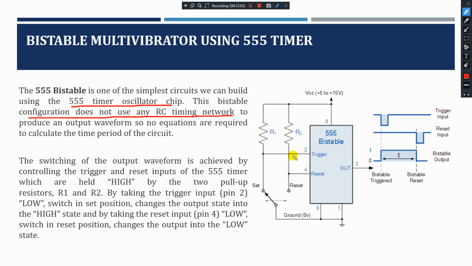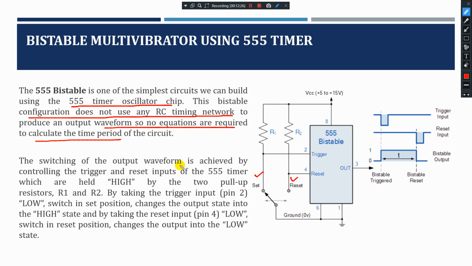An RC timing network is not used in bistable as per this circuit to produce an output waveform. So no equations are required to calculate here. Set and reset. We can see here one is set and one is reset. So there is no capacitor. Capacitor is not present.